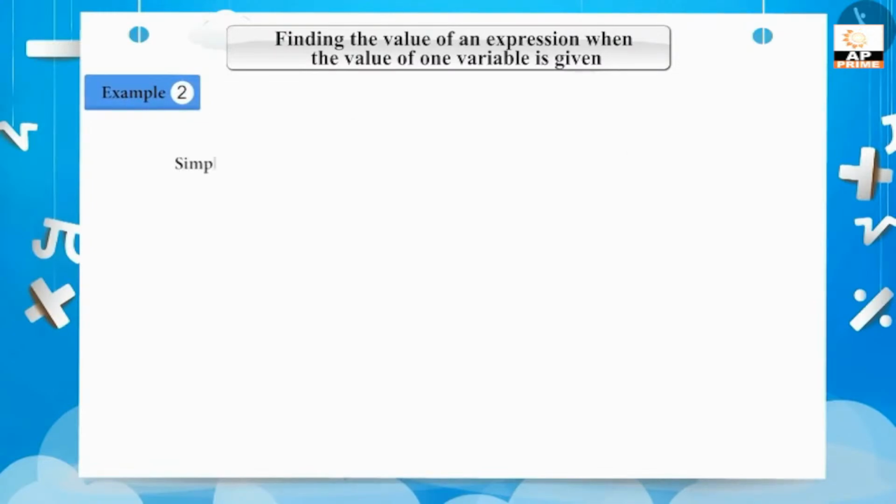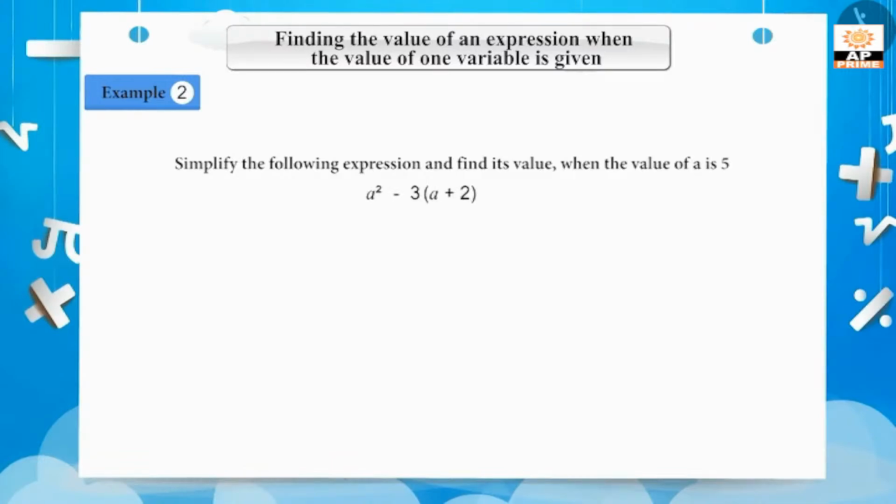Example 2. Simplify the following expression and find its value when the value of a is 5. a square minus 3 into a plus 2. Simplifying this expression, we get a square minus 3a minus 6.